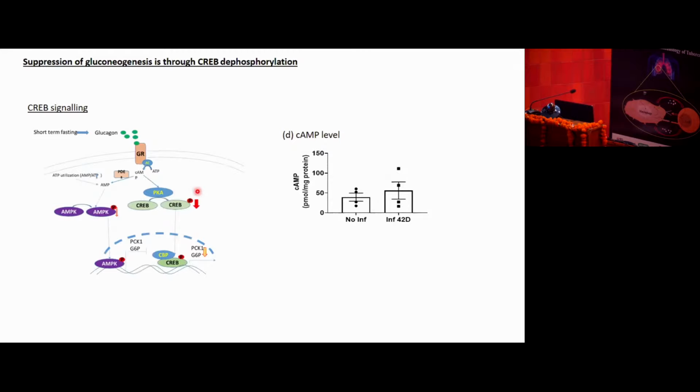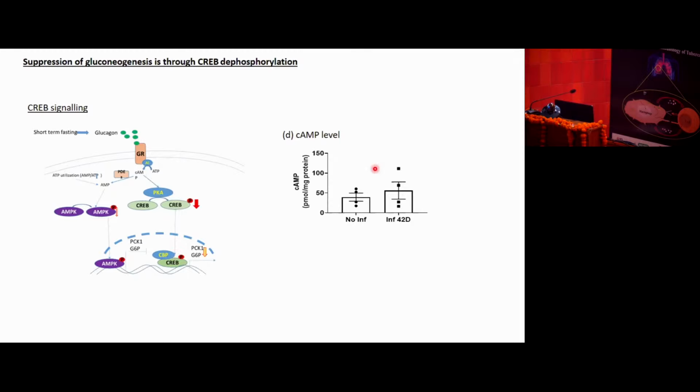So this is how the CREB phosphorylation happens. It could be glucagon or any other stress hormone that enhances the cAMP, which basically activates the PKA, and then PKA goes inside the nucleus and phosphorylates the CREB.